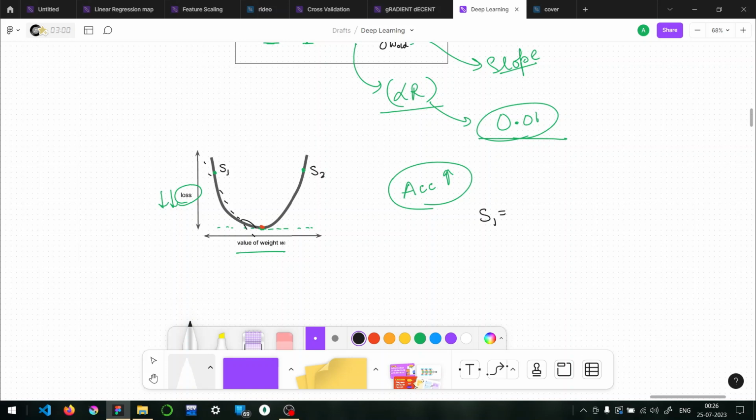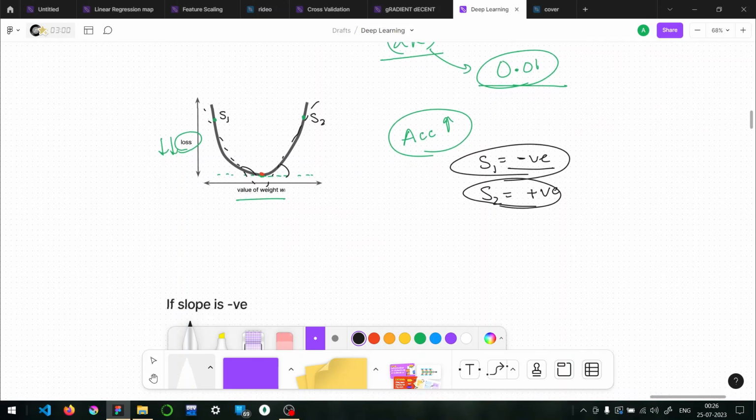If it makes an acute angle, it will be positive. Then in scenario two, it makes an acute angle with the x-axis, so the gradient is going to be positive.